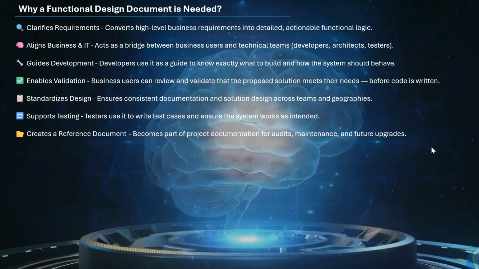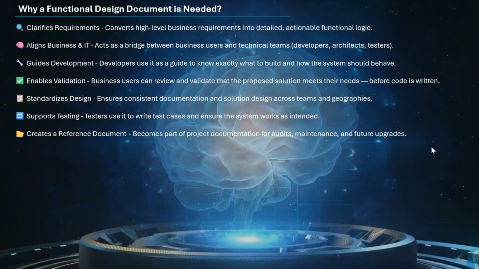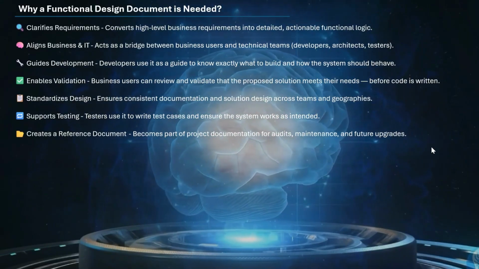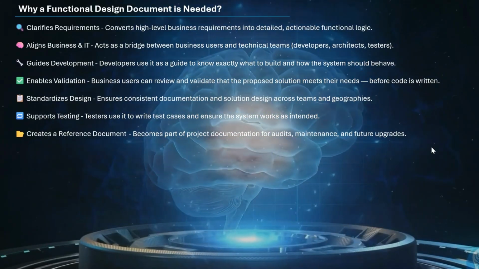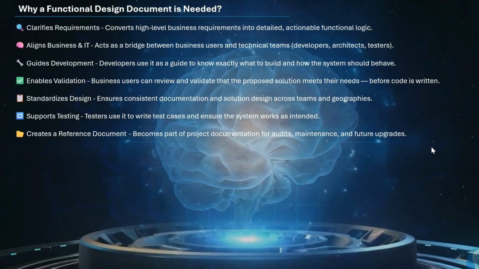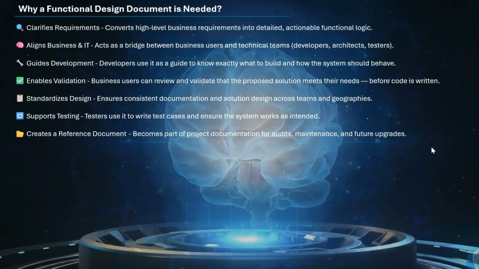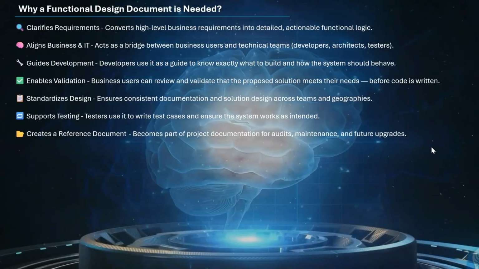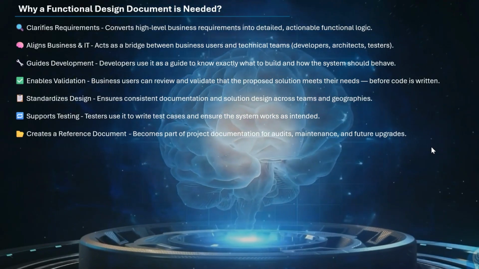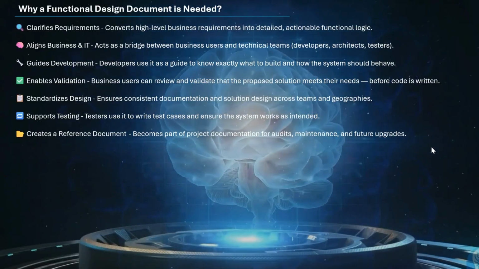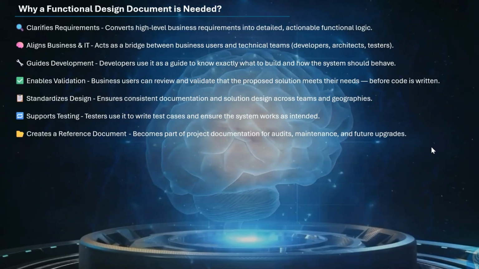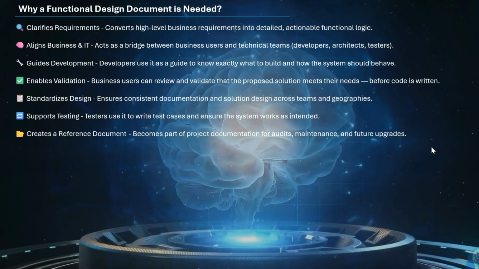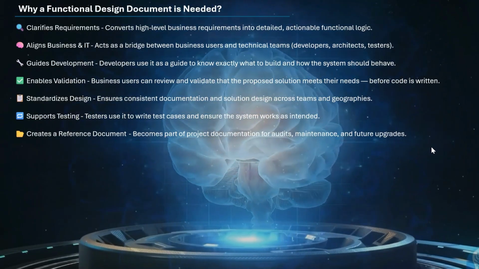It also acts as a validation document, where if there is any confusion between business and IT as to what was the requirement and what was given as an application back to the business, it can act as a validator between these two, because sometimes it is difficult to match the requirements with the application. So this document can be used as a validator between the actual requirement and the output app.